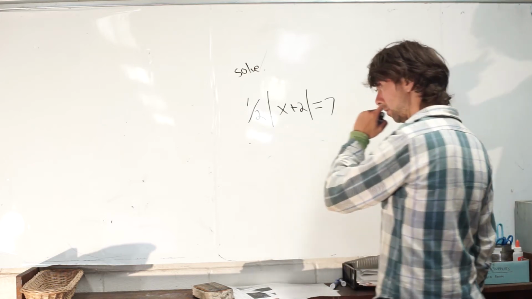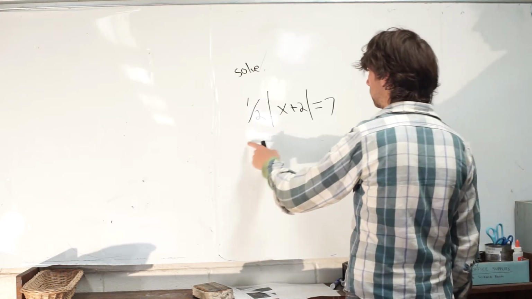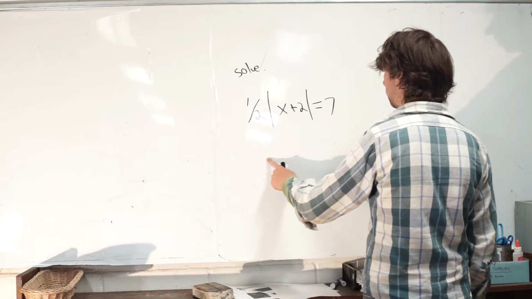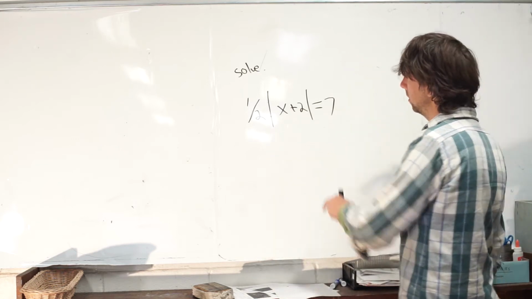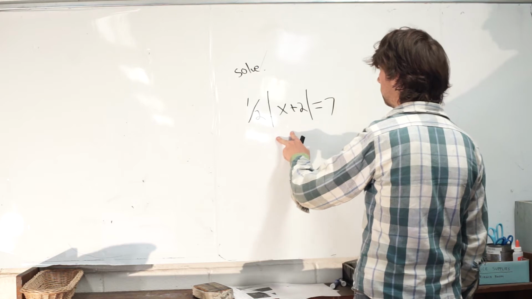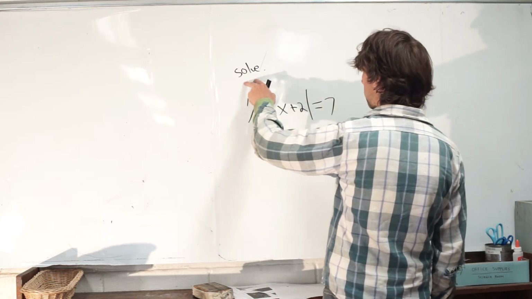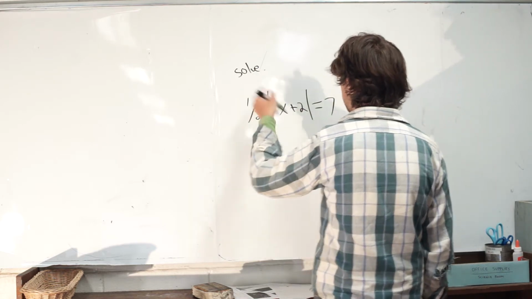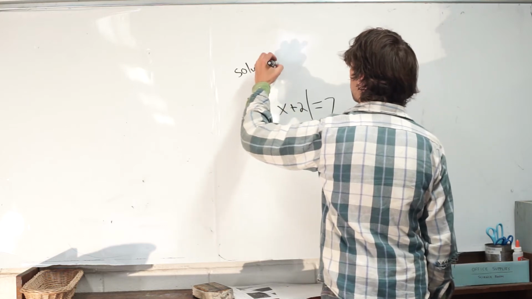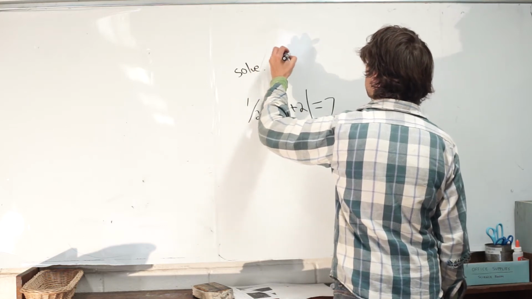This has multiple solutions, so technically one solution would be to solve this, but implied in absolute value problems is that you're supposed to find all the solutions. So usually that would be written, I'm just going to write solve and then graph.